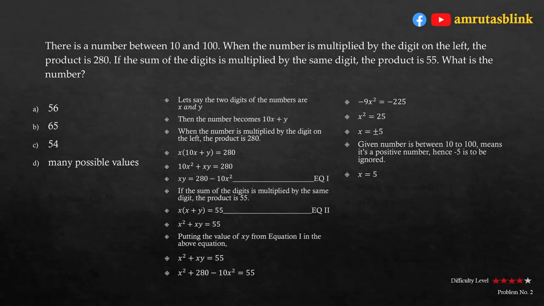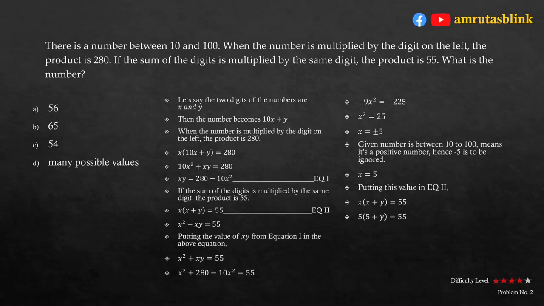Now we need to calculate what the number is. We have got the value of x. Now you can put this value of x in either equation 1 or equation 2 and find the value of y. Let's say I am putting this value of x in equation 2, that is x into x plus y is equal to 55.